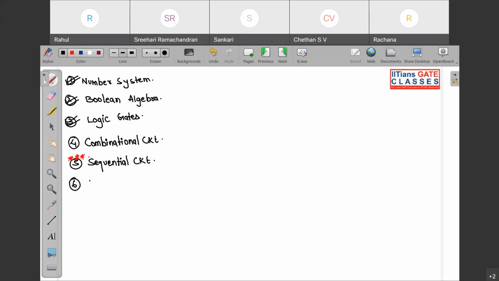Next is your logic family. From this you can expect questions like put the formula, get the result, because there are a lot of formulas in this logic family, like fan in, fan out. So you can expect formula based questions from here. Seventh is memory configuration.